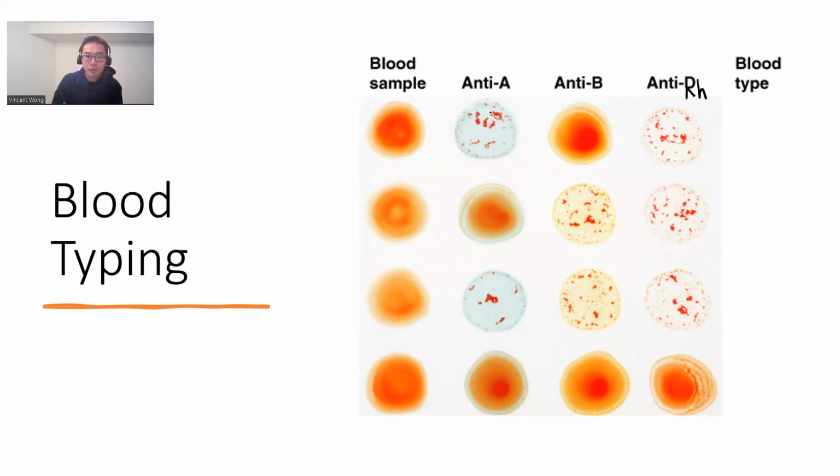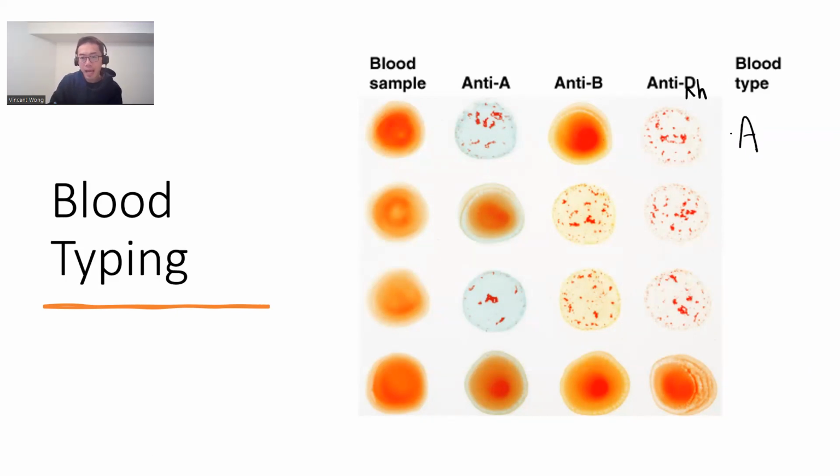So the first dish here, there is a reaction, because I see the clumping. Because the antibody in the dish reacted with the sample, we can say this person has the A antigen.